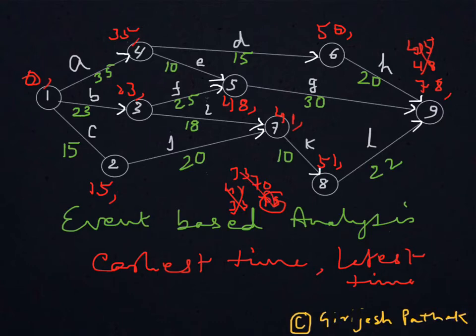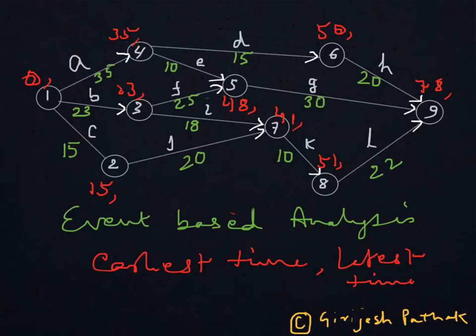So now this project can be completed in 78 days' time, because node 9 is the end node. From this node there is no other activity starting. Now the convention is that if the project can be completed in 78 days, then let us complete it in 78 days only.